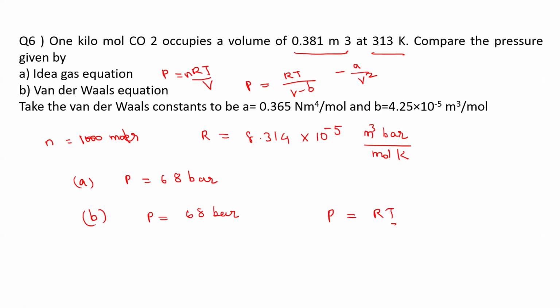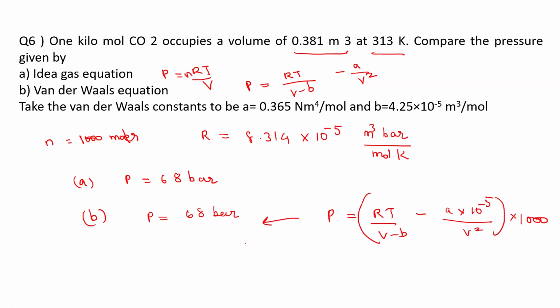So here also you need to change because this A is in Pascals, so I have converted A into this 10 power minus 5 by V square and completely multiplied by 1000, which will give us 68 bar.